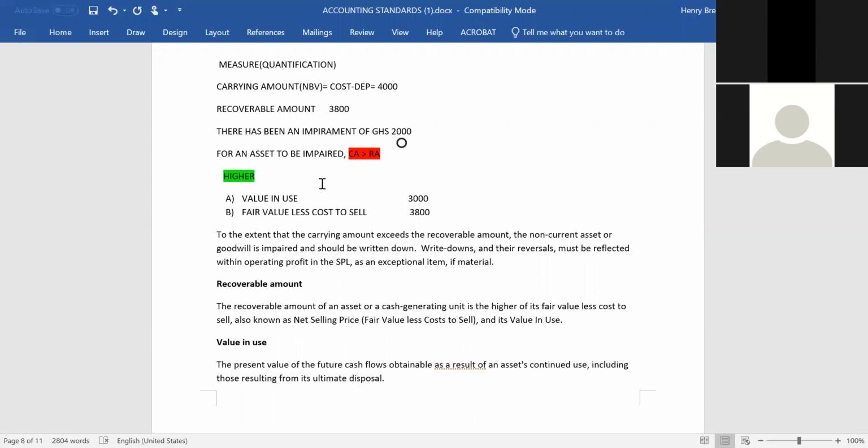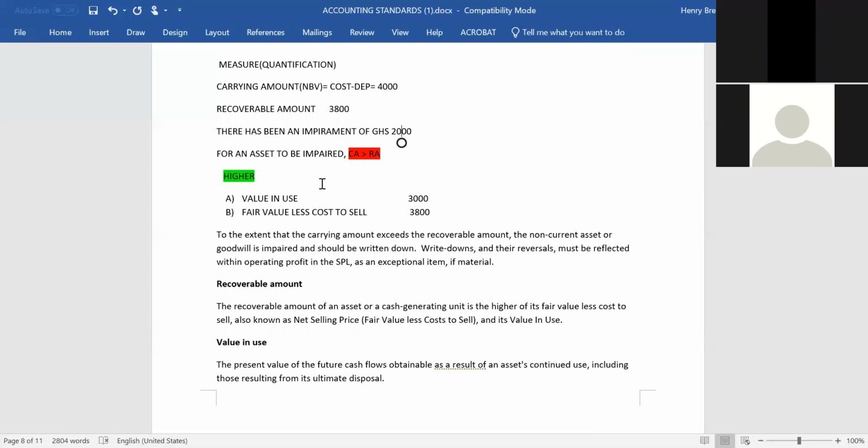That would be a wrong comparison. So what you do is discount all those cash flows from all those years to their current value, which is today's value. A present value is the value of a property today. So you compare the value in use, which is today, to the fair value less cost to sell, which is today. The higher of the two will be the recoverable amount, which is today.